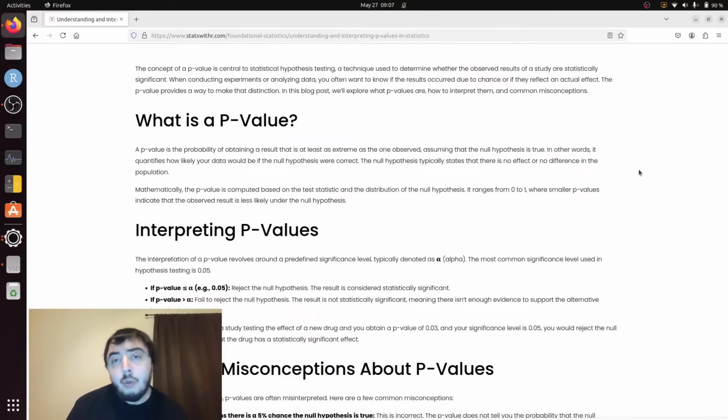We assume the null hypothesis and look at the data. If the data is more extreme than what we would expect, we conclude that the data may not fall under the null hypothesis, that the alternative hypothesis may be true.